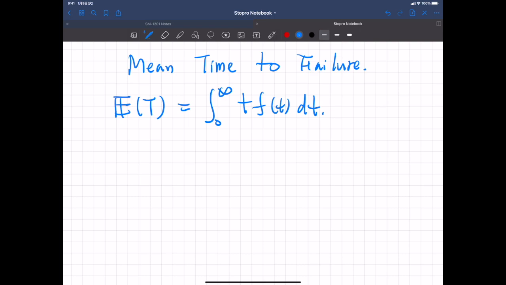But of course, let's make this more interpretable. So if you remember the previous result, this density function is the negative derivative of the reliability function. So we have this equals to negative t dR/dt.